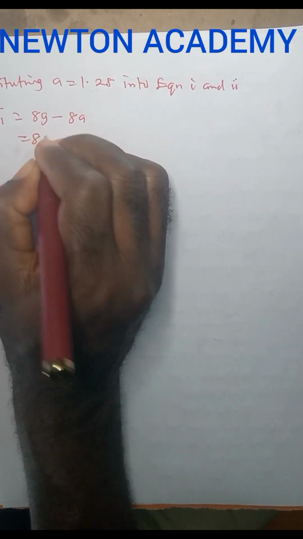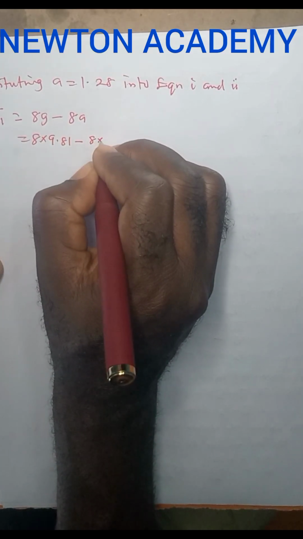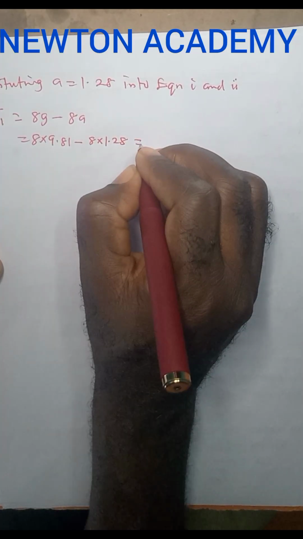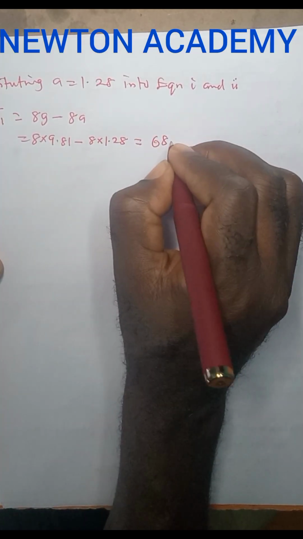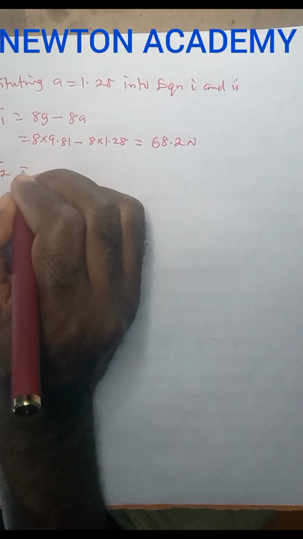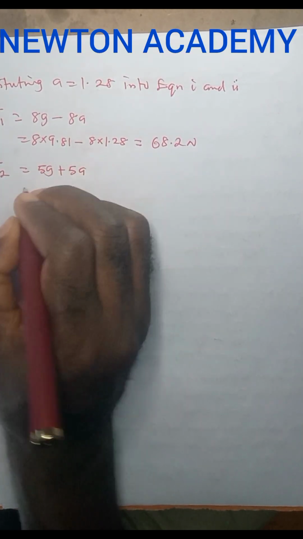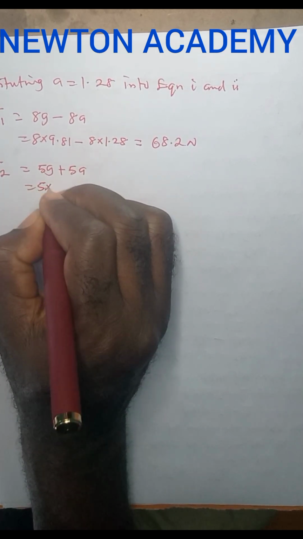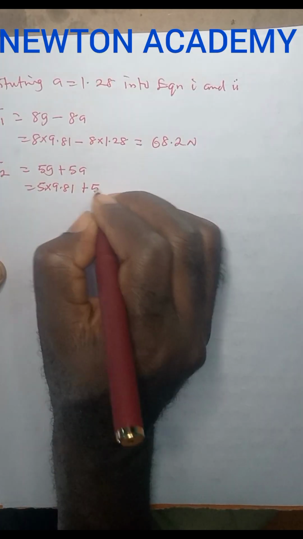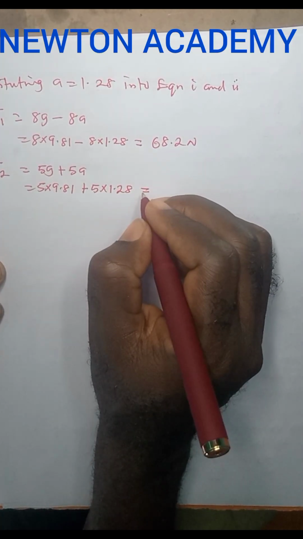This will be equal to 8 times g, which is 9.81, minus 8 times a, which is 1.28. When we evaluate this one, we are going to get 68.2 Newton. Then for equation 2, T2 is equal to 5g plus 5a, which is equal to 5 multiplied by 9.81 plus 5 multiplied by 1.28. When we evaluate this one, we are going to get 55.4 Newton.